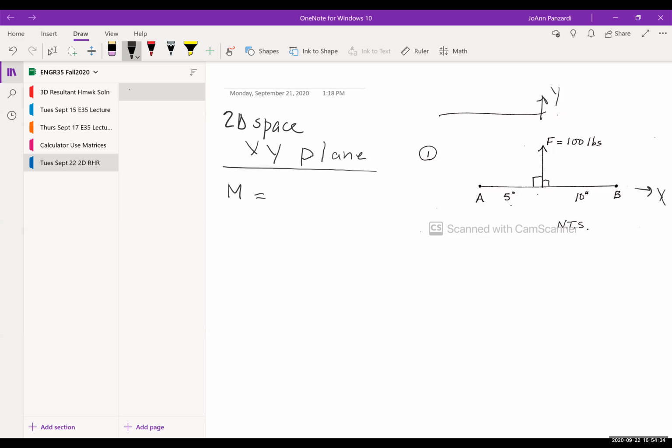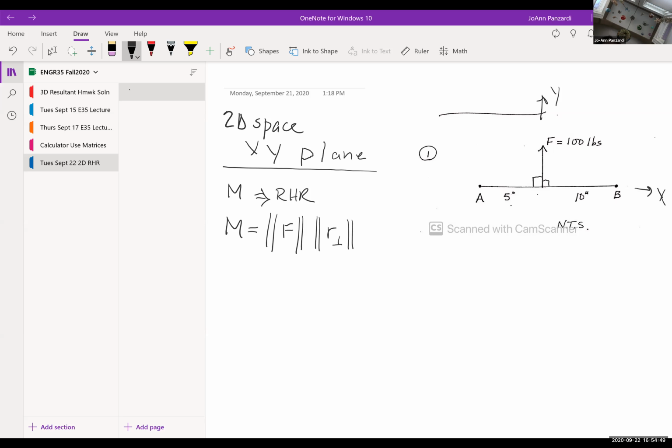The moment, we're going to use the right-hand rule, which means my moment is going to be equal to, I'm going to calculate the magnitude by the absolute value of the force times the absolute value of the perpendicular distance. And then I'm going to determine my direction, either positive or negative, using the right-hand rule.